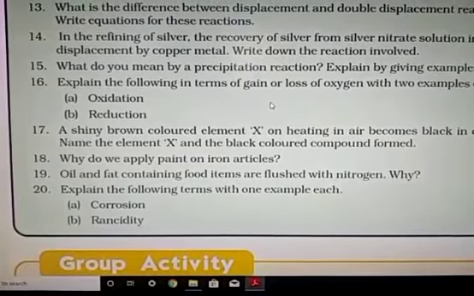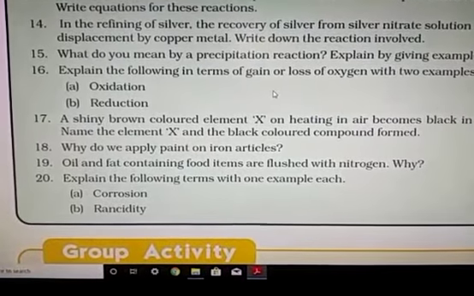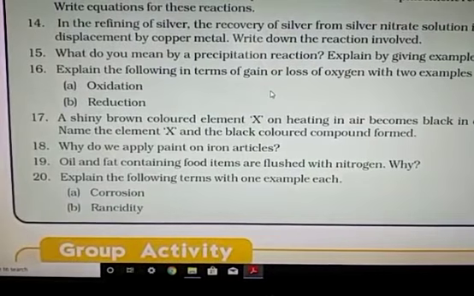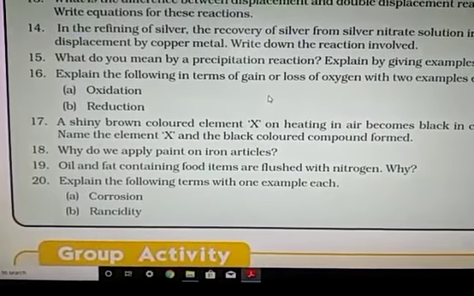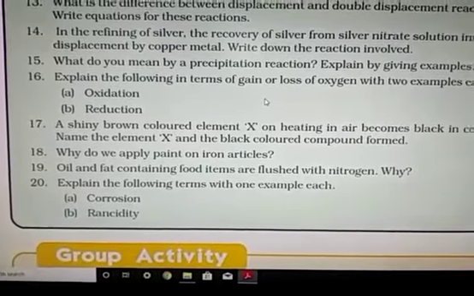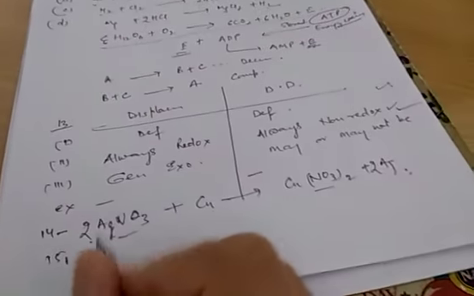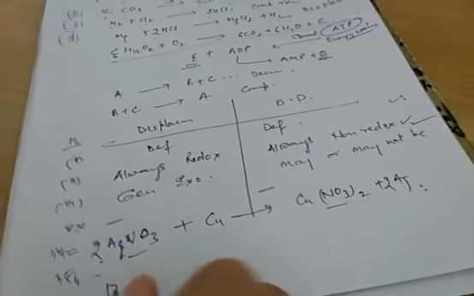Question number 17. A shiny brown colored element X, on heating in air, becomes black. Shiny brown means it should be copper.